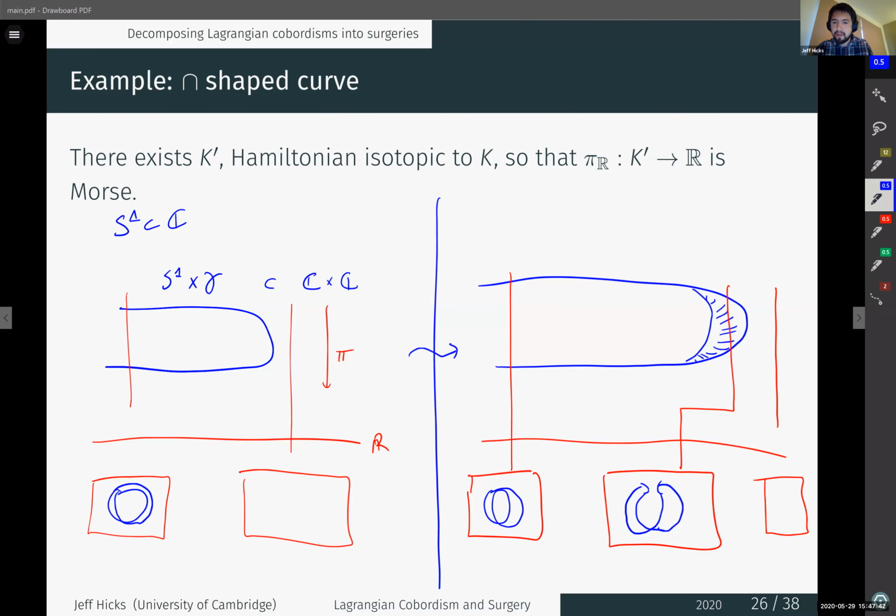Now in this picture, you can see that between this slice and this slice, I've applied a zero surgery, and between this slice and this slice, I've taken a Whitney sphere and knocked it off. So this provides some good evidence that after we apply a Hamiltonian isotopy, we should be in the place where we can decompose our Lagrangian.